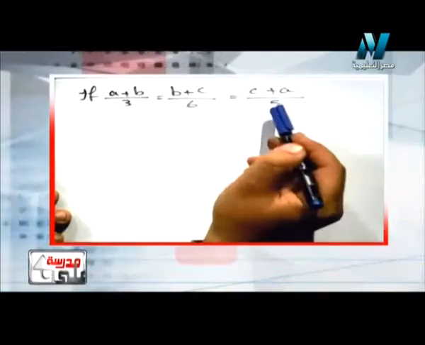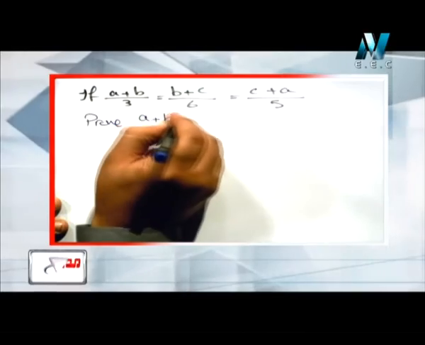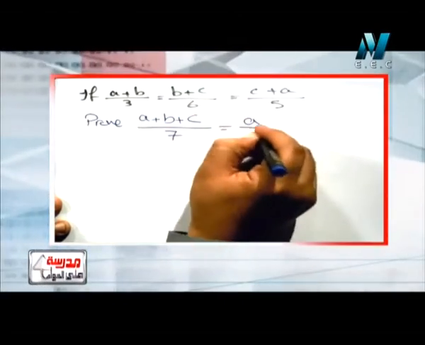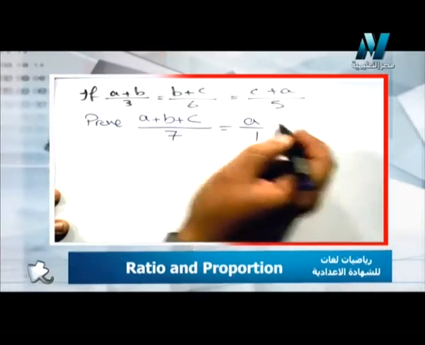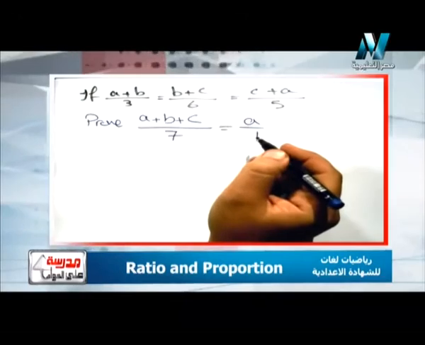So it's not. Actually, we have 3 ratios, and this is a proportion. And this is the first ratio, the second ratio, and the third ratio. And we want to prove that a plus b plus c over 7 is the same as a over 1. And some students will be surprised, where is this given? It's not given, or it's not the required that is written in the question.